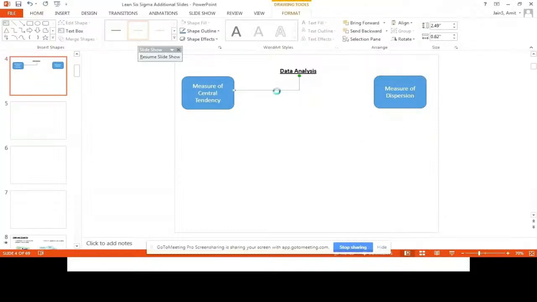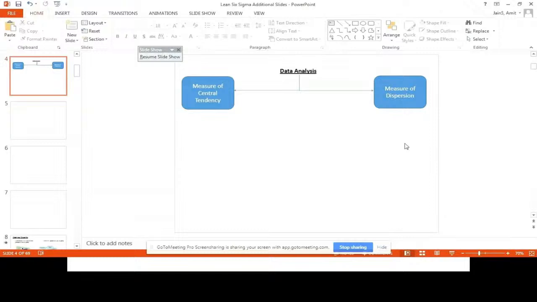Are you able to see the slide where I'm writing, right? Yeah, I can see it. Let's understand what is central tendency and what is dispersion. So any idea about this? I don't. Okay. So central tendency is that one point in the data set which tells us about the entire data set.